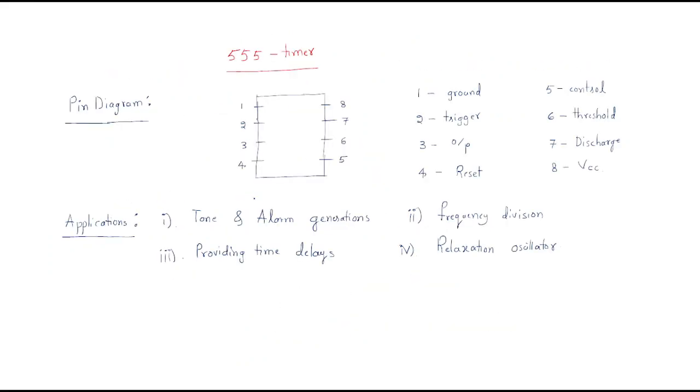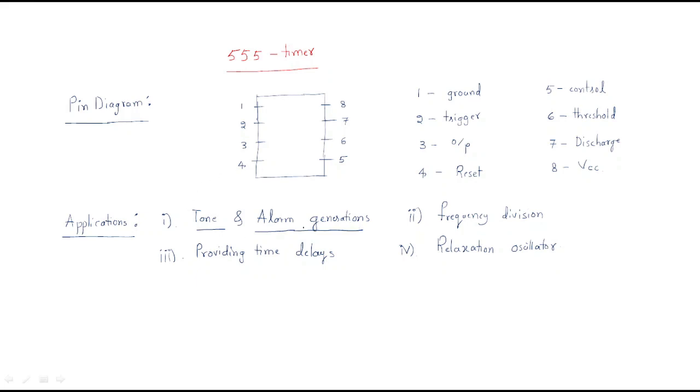Next is the 555 timer. This is the last application of our operational amplifier. Here the 555 timer is very useful, and it has many applications. First we look at the applications. The 555 timer is useful for tone and alarm generation.